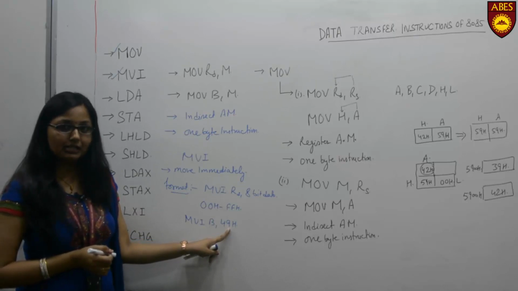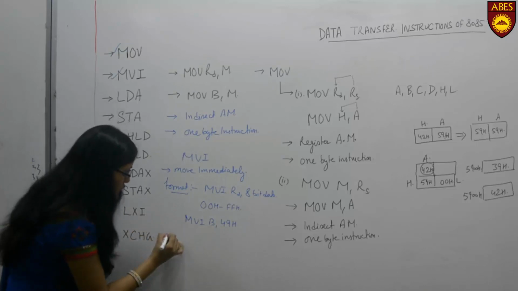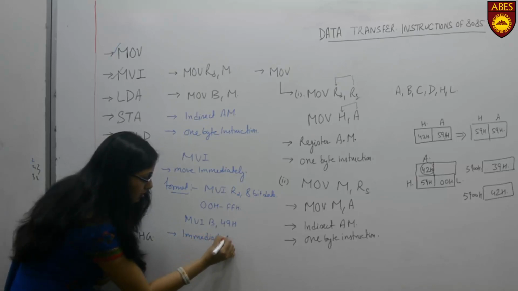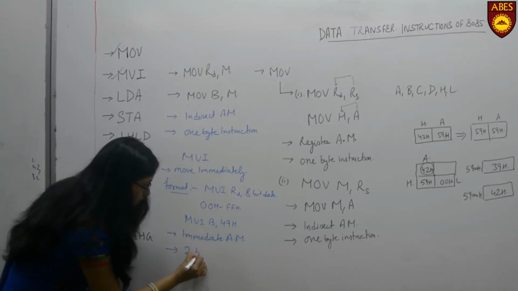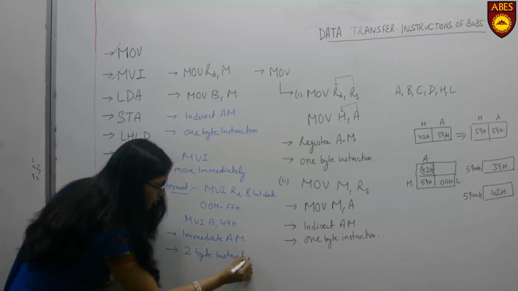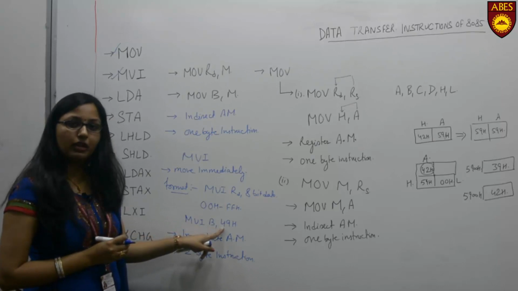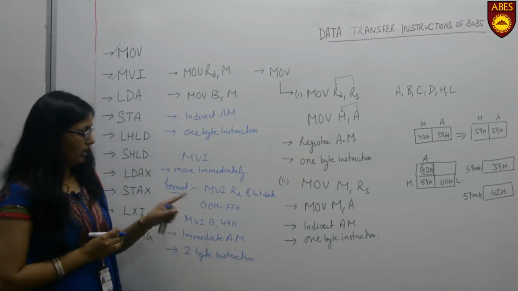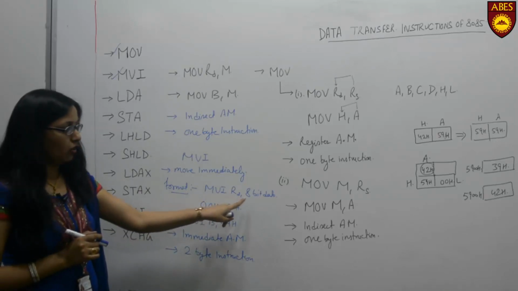This 8-bit data, 49H, is immediately moved into the register B. This instruction belongs to the immediate addressing mode and is a 2 byte instruction. 1 byte is for the mnemonic and 1 byte is for the 8-bit data, meaning a 2 byte instruction belonging to immediate addressing mode. This is the MVI instruction, MVI RD, 8-bit data.